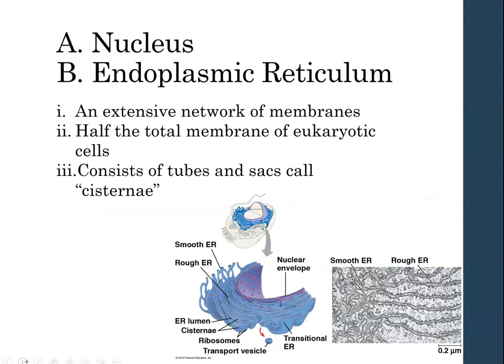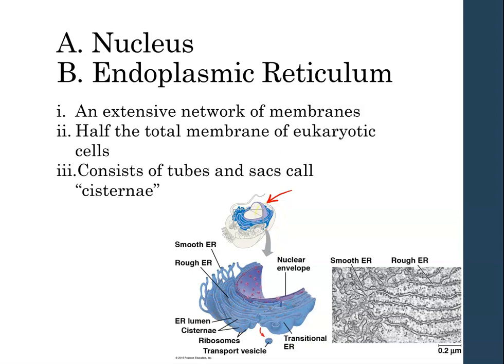So our endomembrane system is made up of the nucleus surrounded by the nuclear envelope, and then the first structure surrounding that nucleus is the endoplasmic reticulum. If you look at this cartoon drawing here, we've got the nucleus in the middle, and you can see that the cutaway shows that the endoplasmic reticulum surrounds that nucleus.